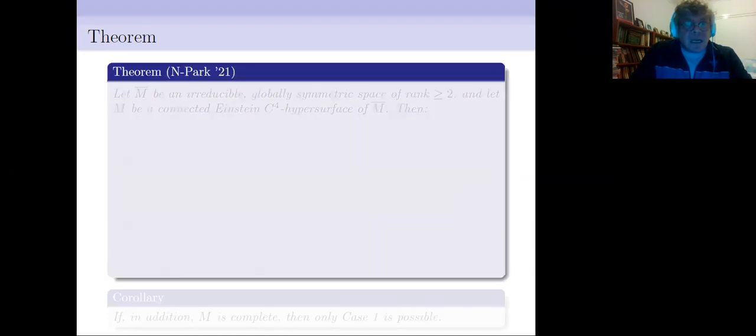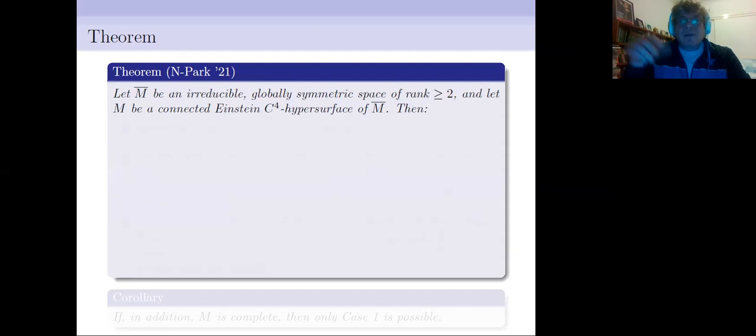Okay, right. So let me look at the next slide, and here we have the theorem which I wanted to present. So suppose we have a reducible globally symmetric space of rank greater than or equal to 2, and we have a connected Einstein C4 hypersurface.